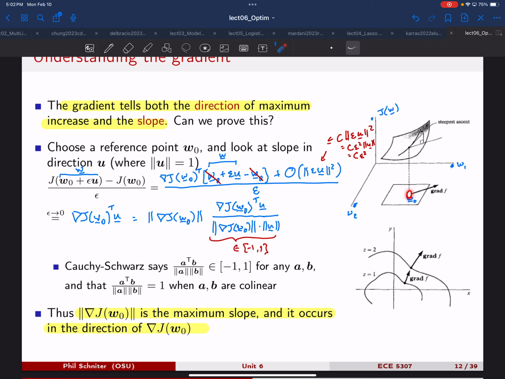So that point was the natural choice to be the reference. In this example, we were trying to find the steepness of the curve, right? So we're sitting at a point and asking, at that point, how steep is it, and which direction is the steepest?